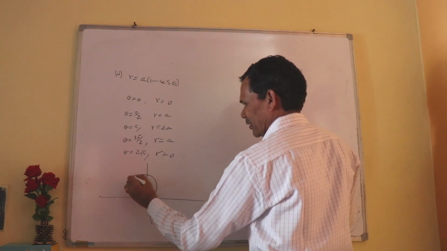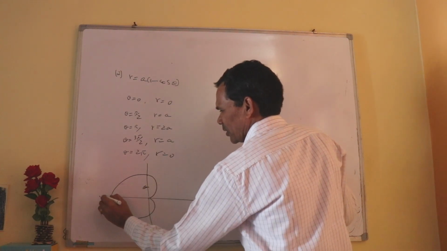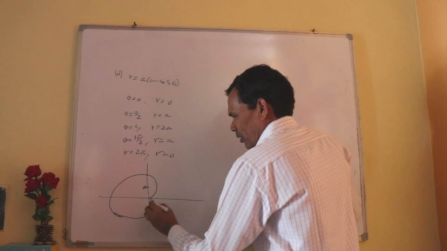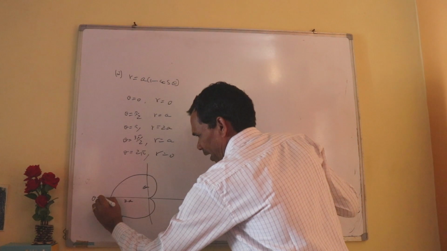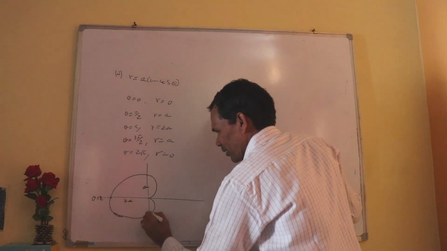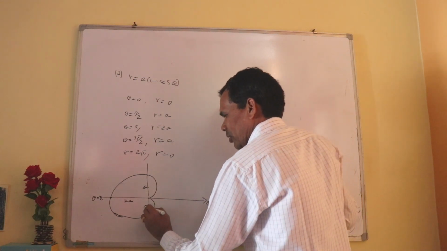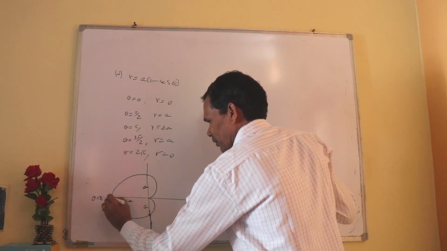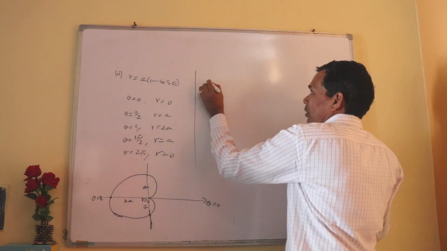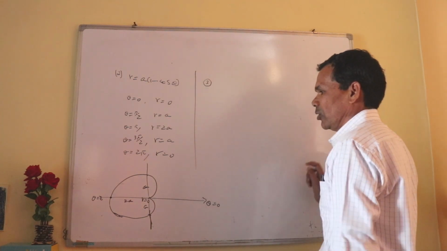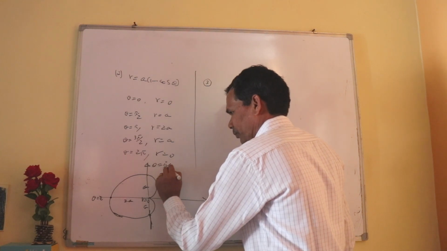If you trace this, this is a, and this is 2 times a, because this is theta is equal to pi, r is equal to 2 times a, this is theta is equal to 0, and r is equal to 0. Similarly, you can have the other cardioids, r is equal to a, 2 times a, this is theta is equal to pi by 2.